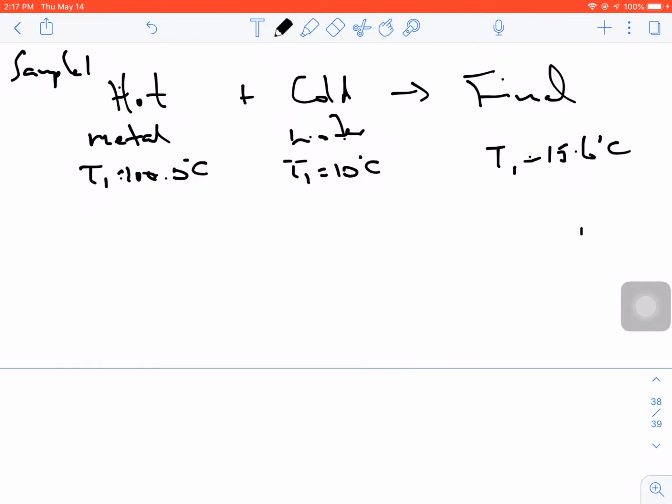Now, that final temperature is the final temperature that the water is going to get to, and it's the final temperature that the metal is going to get to. So the metal is going to cool down to 15.6 degrees C, while the water is increasing temperature from 10 to 15.6 degrees C.